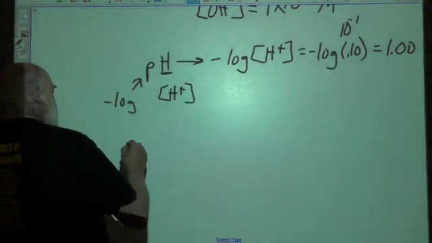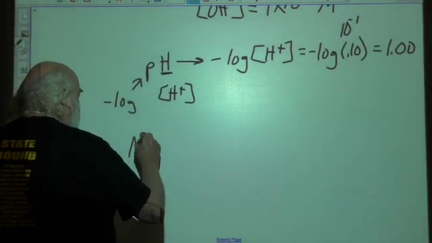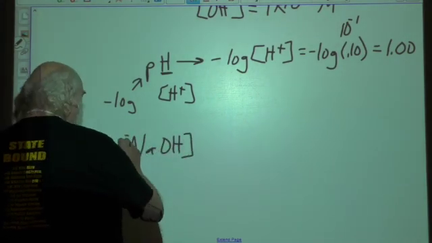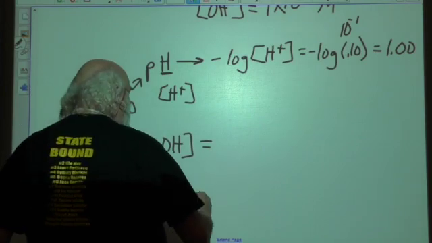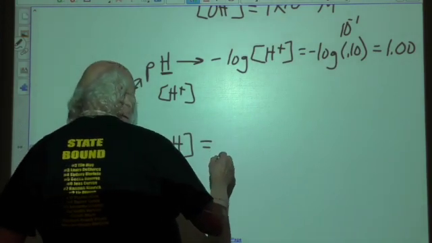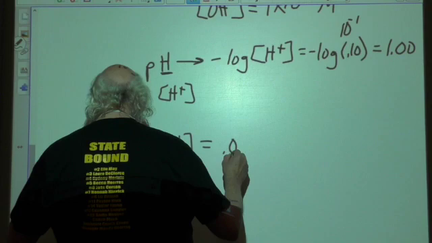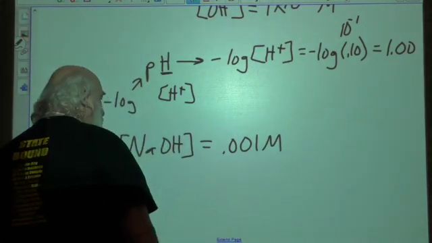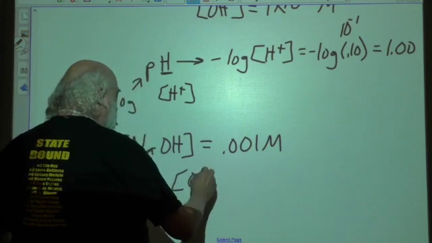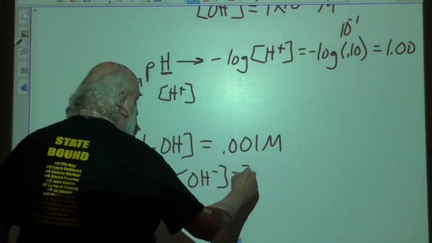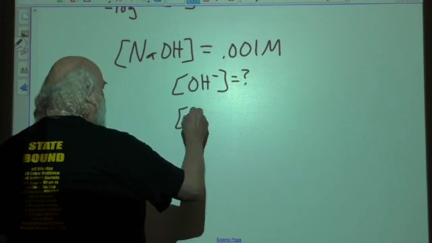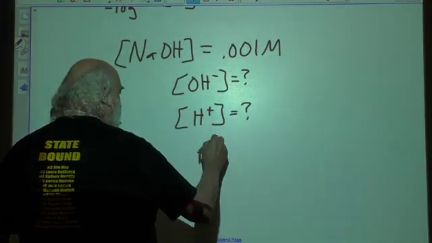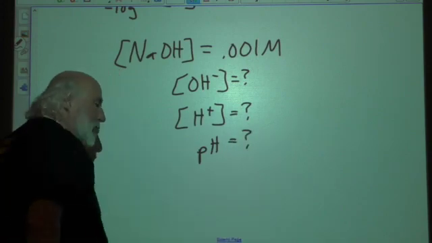If I have a concentration of sodium hydroxide of, let's say, 0.001 mole per liter, I want to know what is the concentration of hydroxide, what is the concentration of hydrogen, and what the pH of that solution is.